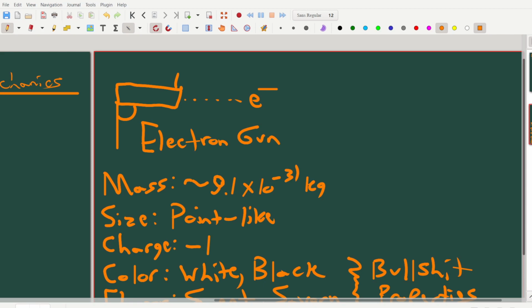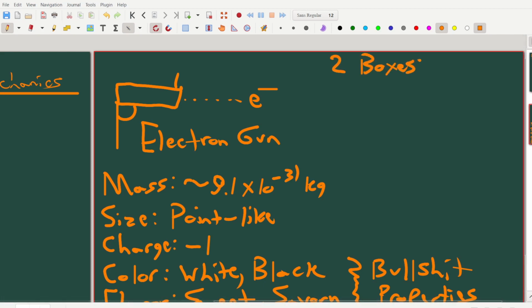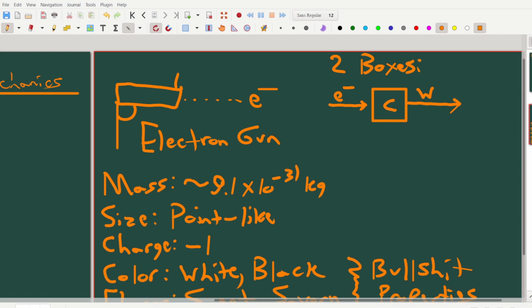So I'm going to have two boxes that take an electron in. We'll call it the C for color. If the electron is white, it comes out this way. And if it's black, it comes out another way. So it splits white and black into two different directions.